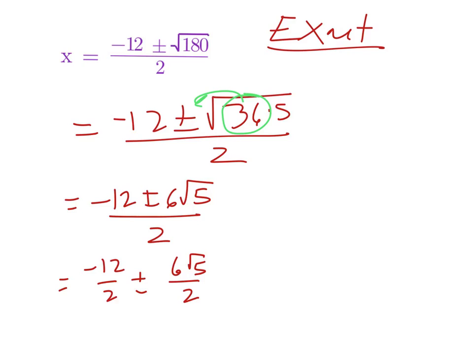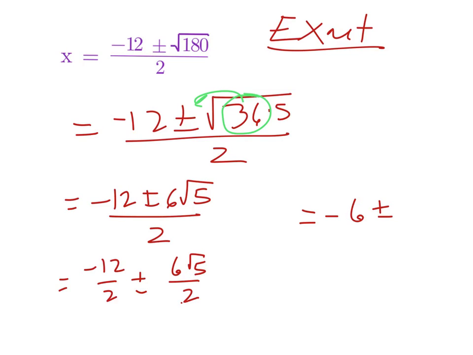Okay, so from here, what's negative 12 over 2? Negative 6. Okay, and I still have my plus or minus, and I can reduce the 6 over 2. What's under a radical, you can only reduce with something else that's under a radical. So I can't do anything with that anyway.